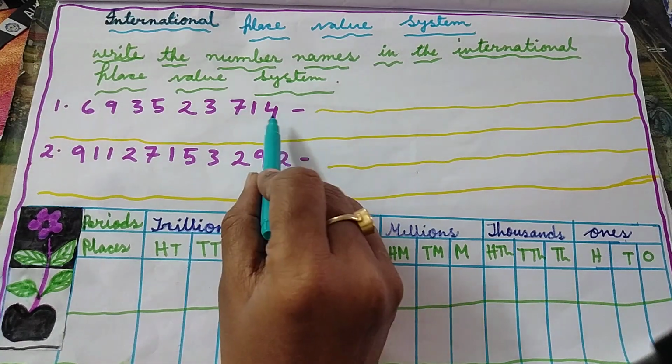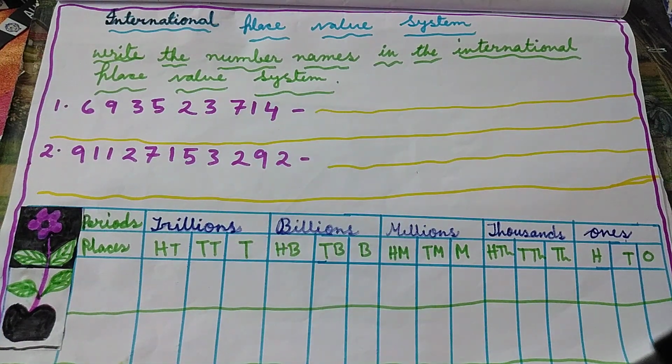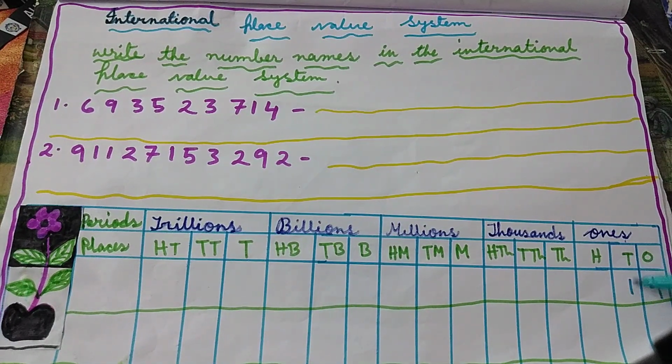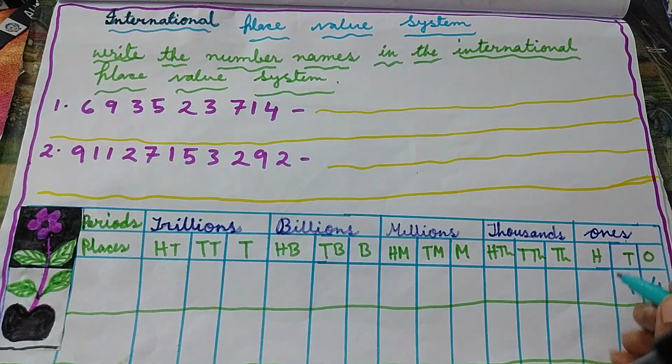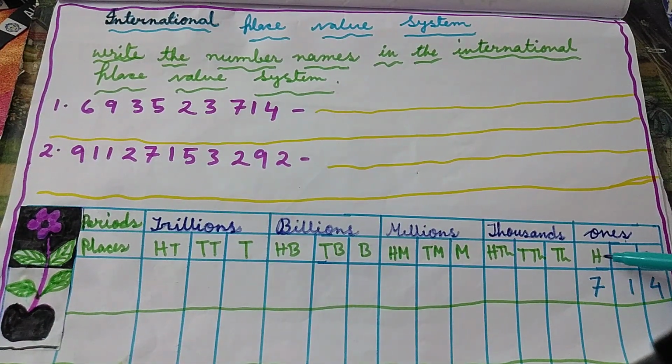The first digit is 4. So write 4 in ones place. Then 1. Write 1 in tens place. Then 7. Write 7 in hundreds place.